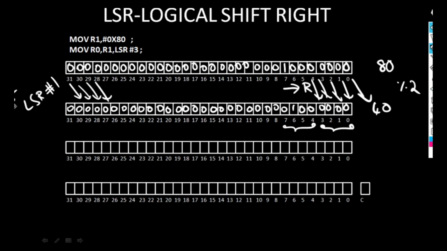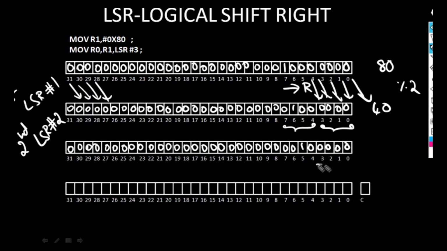Now this is nothing but the first logical shift right, where we have shifted this particular data towards the right side by 1 bit position. What will happen in the second round? It is similar to performing LSR #2. So what will be the answer you get? This is nothing but 0 and this is nothing but 2, which is again divide by 2. Now what will happen in the third round?